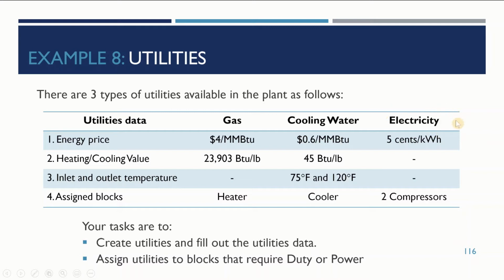The last one is the electricity, which has the energy price at 5 cents per kilowatt hour. And the electricity should be assigned to both of the compressors. So, your tasks are to create the utilities and fill out the utility data, and also you need to assign the utilities to the blocks that require duty or power.